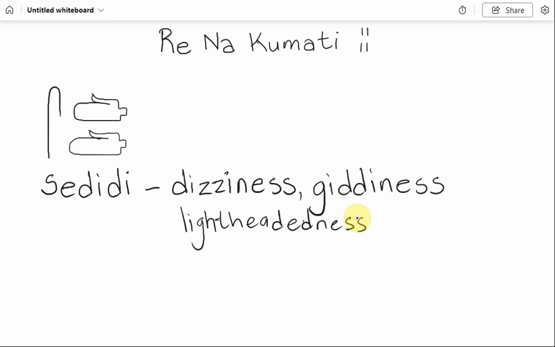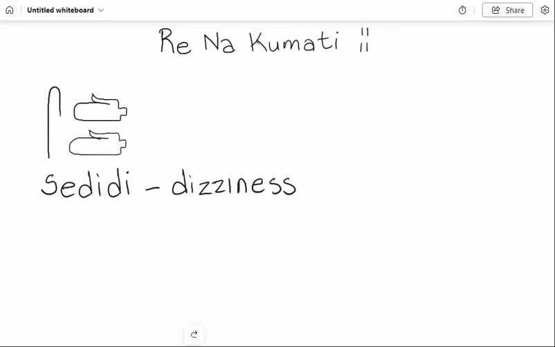And you will find that in linguistics, the translation is to tremble. Okay. It's close enough because when you're experiencing dizziness, sometimes it's accompanied by trembling. All right. But more precisely it is dizziness.